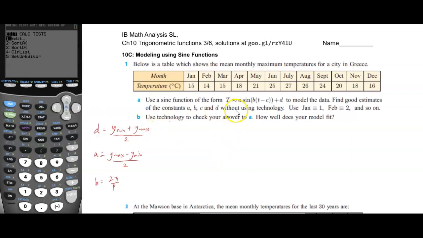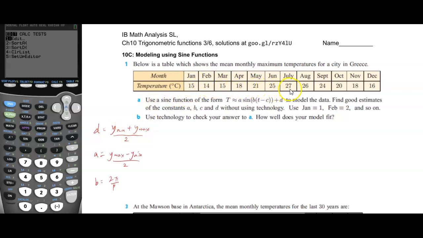Let's see. To use January equals 1, February equals 2, etc. Okay, so I kind of put them in the order that normally we would do it. First thing we're going to do is try to find the minimum and maximum y. Those are useful for finding both A and D. Let's see, 15, 14, where is the maximum y?